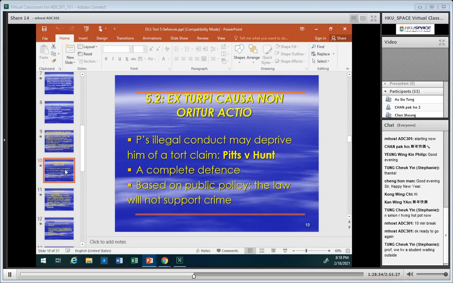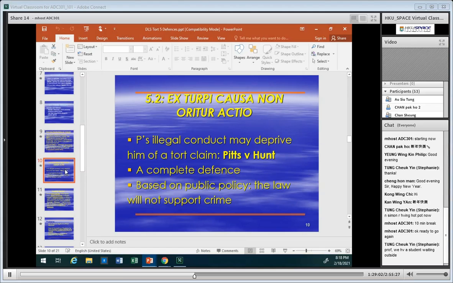Because in Pitts and Hunt, Pitts encouraged Hunt to drive recklessly, and that is a crime, with the intent of deliberately frightening other road users. It was almost as if Pitts was much more culpable than Hunt. Okay, I mean, Hunt was culpable because he was drunk, he didn't have a driving license, he was underage and uninsured.